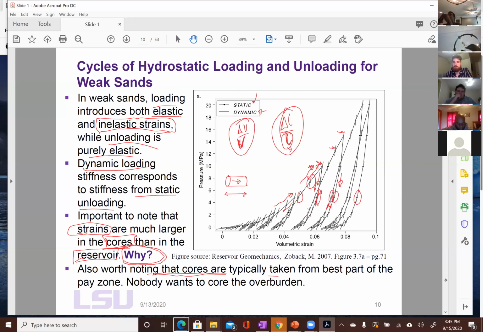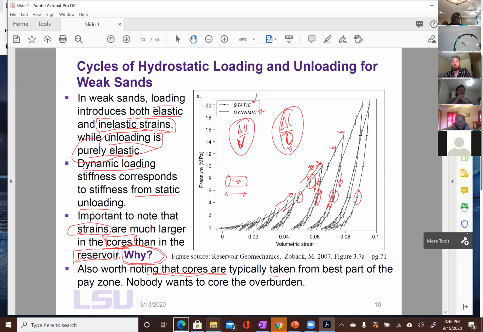But yes, if it has gone through that load already, say a particular stress value of 5,000 psi, and when you perform your test in the lab you only go up to 5,000 psi, that will be reversible, because the core was loaded to that pressure in the reservoir and unloaded when we brought it to the surface, right? So that unloading is reversible, which is what we're saying here. It's purely elastic. So when you load it back up to 5,000 psi, it's going to be fully reversible.